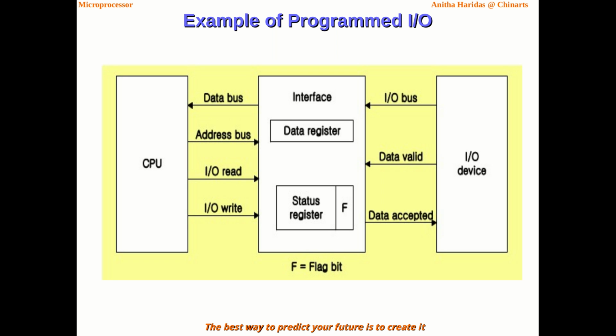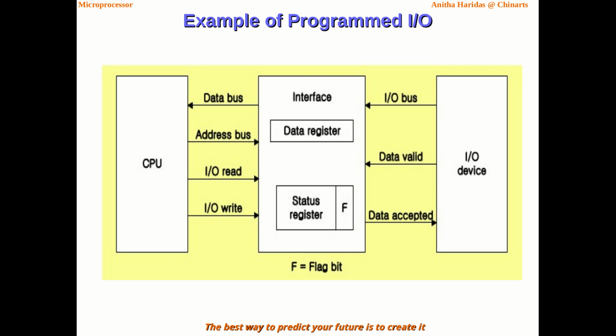Or to send the data. When will the interface send? If it is going to be an output operation. So the CPU will wait for the interface to receive or to send the data to the peripheral device. While it is waiting, it will continuously check the status of the device.